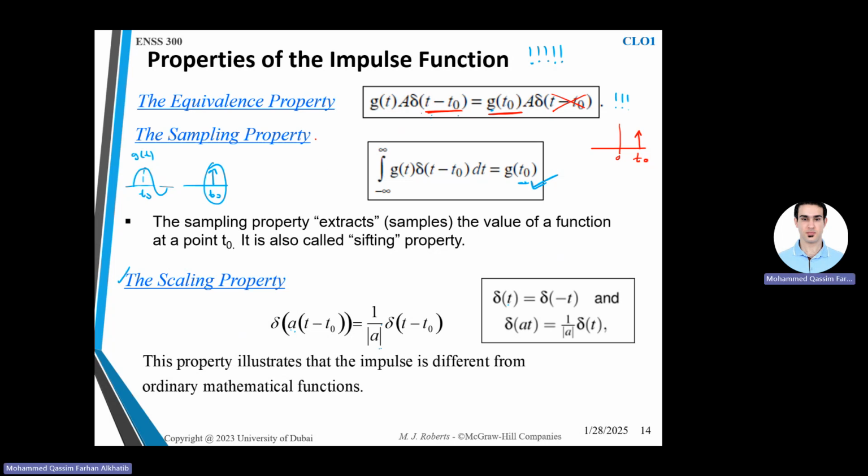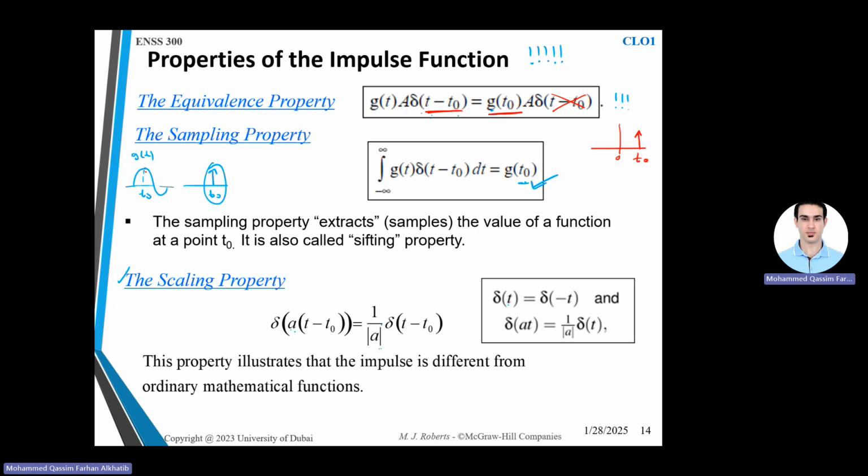Sampling property. When we covered sampling, let's say we have a train of pulses, shifted versions of delta, and you multiply that signal by the pulses. That's what sampling is. You just do the multiplication and you get the samples.